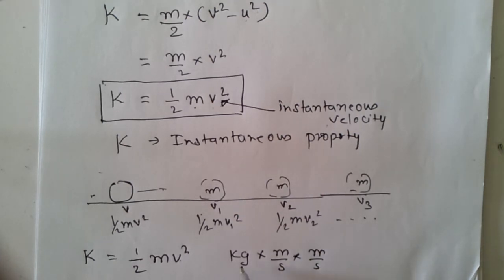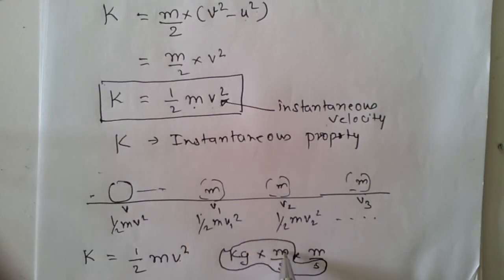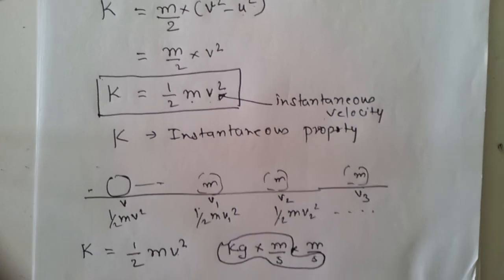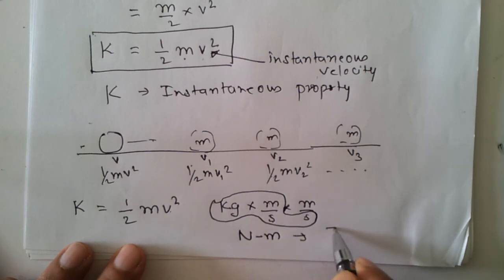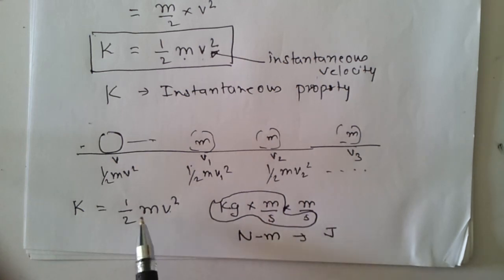Now we know that 1 Newton is kg meter per second square, right? This particular term, kg meter per second square, is Newton. So this will turn out to be Newton, and then I have meter, and Newton meter is joule. So half mv square will give you a unit of joule, right?